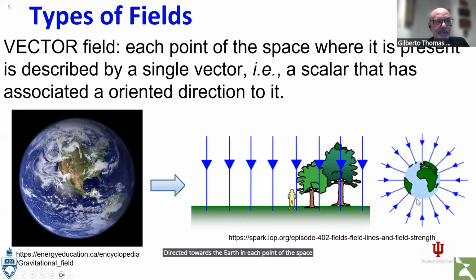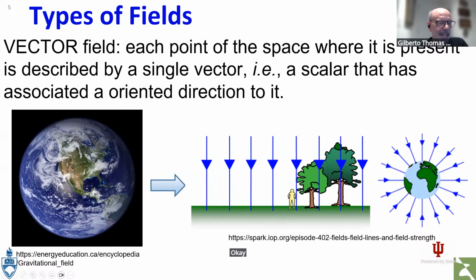This is why objects fall. If you are in a very small region of the space, like this person here, you can consider, due to the great curvature of the Earth, that the surface is flat. The Earth is not flat, okay? But then you can, in a good approximation, consider that the field here is parallel lines oriented towards the ground.